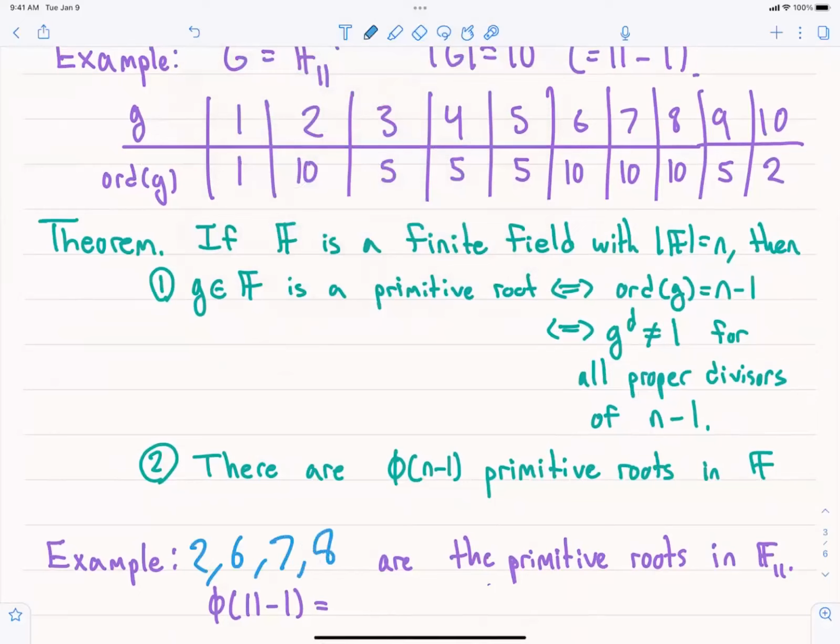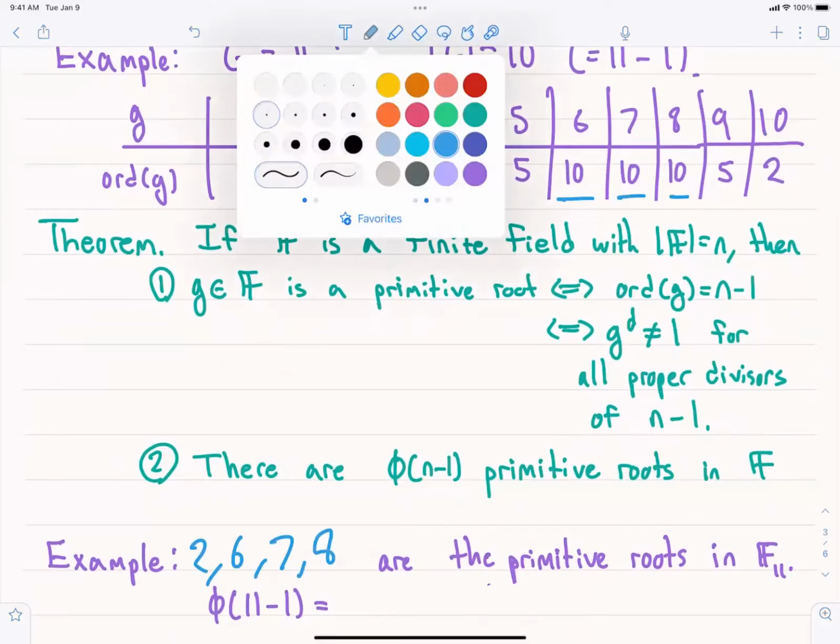That's because they have order 10, as I wrote, which is n minus 1. So n is 11, n minus 1 is 10, so these have order 10, and nothing else has order 10. So there are 4 primitive roots.